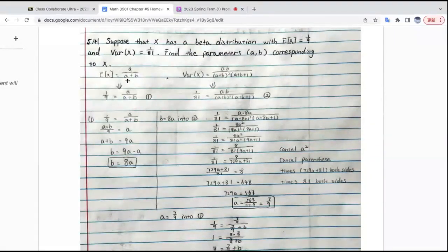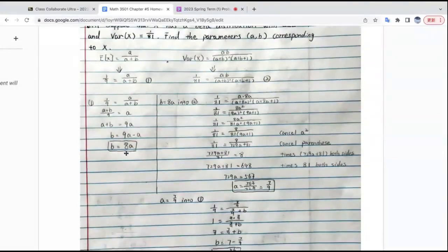One is the expected value of x, which is equal to a over a plus b, and the variance of x is equal to a times b over a plus b squared times a plus b plus 1. By the question, we know that the expected value is 1 over 9 and the variance of x is 1 over 81.